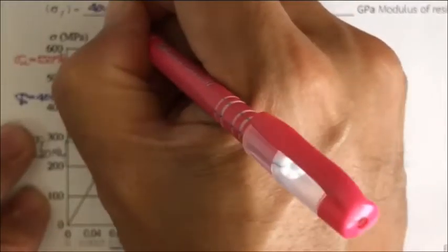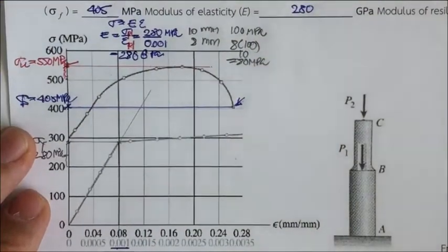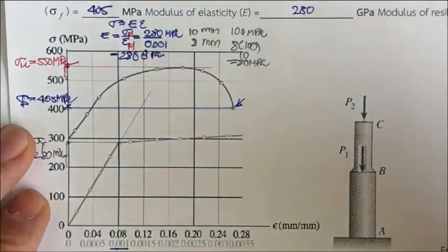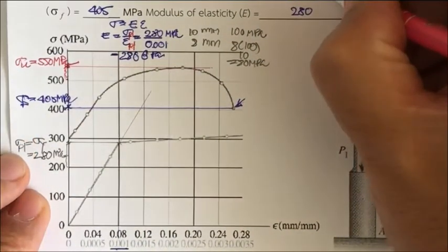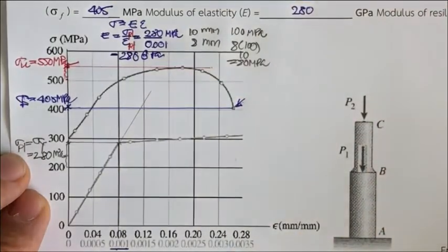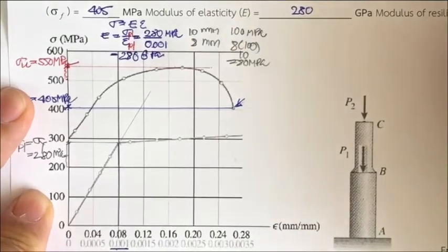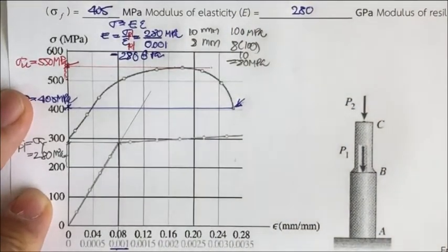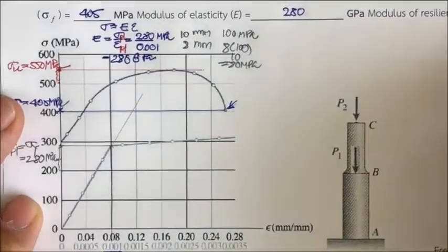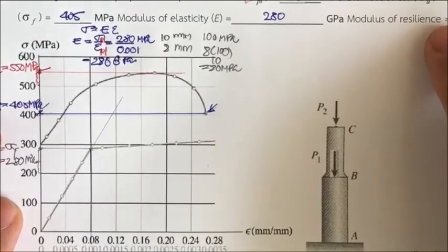This may be 405 if you like, and you may put the other, sigma sub PL, to be 280 megapascal, and sigma sub U of 550 megapascal. And they also ask you for the modulus of resilience. What is the modulus of resilience?